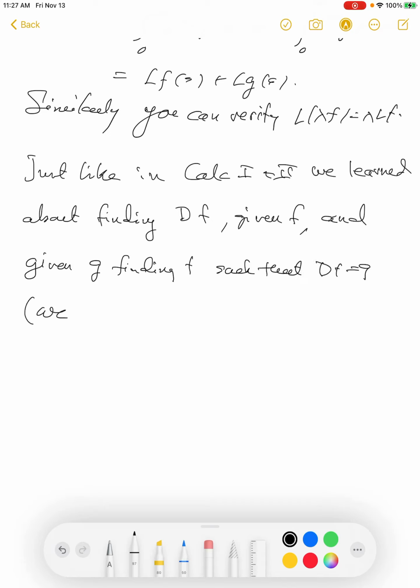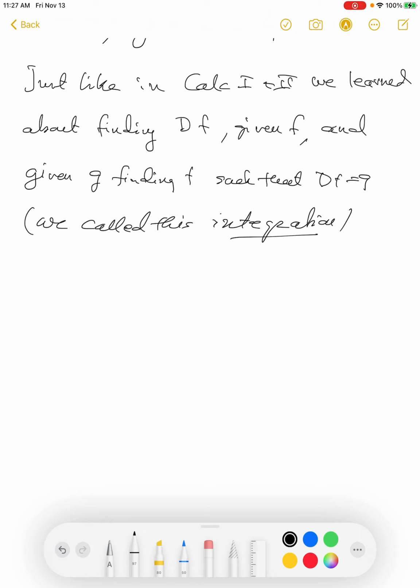We call this integration. Similarly, just like in Calc 1 and 2, we learned about finding f.